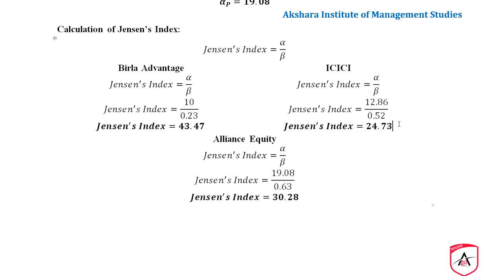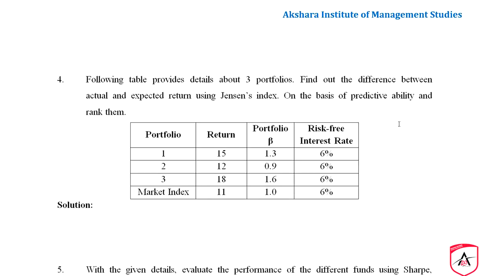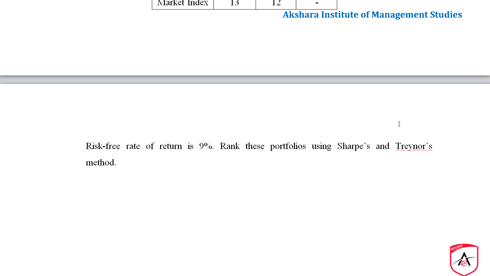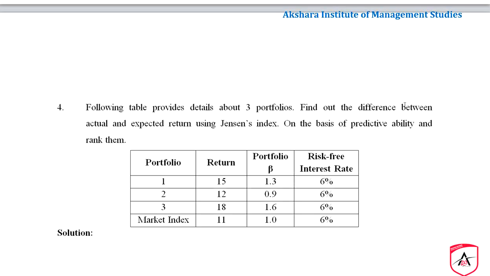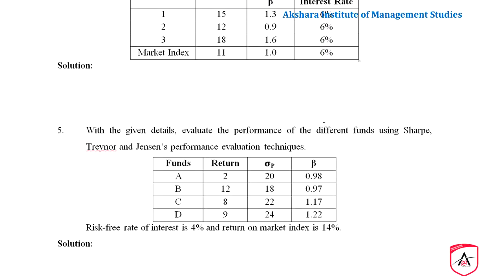Similarly, I want you all to solve the similar 4th, 5th and 6th questions. Please observe, my dear friends. In this 4th question also you have to calculate the values like this by using predictive ability.